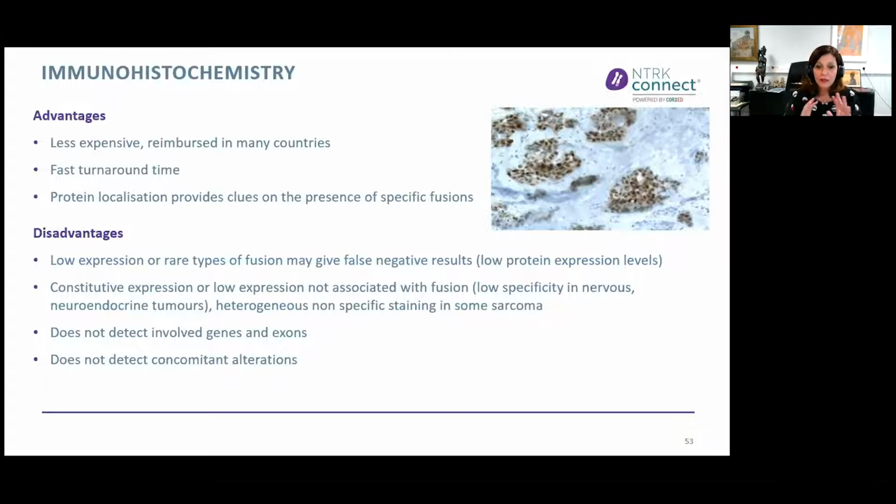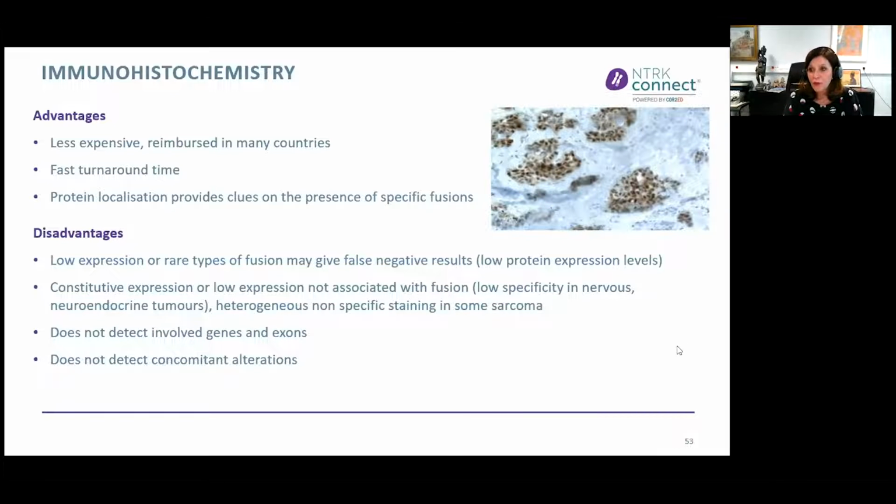So it's really something that is a screening tool, a triage tool, and we know now that some fusions are leading to a low expression of TRK protein, so we can have false negative results. As I mentioned previously, we can have a constitutive expression or low expression not associated with fusion, especially in nervous or neuroendocrine tumors, where immunohistochemistry is not at all a good screening tool because almost everything is positive.